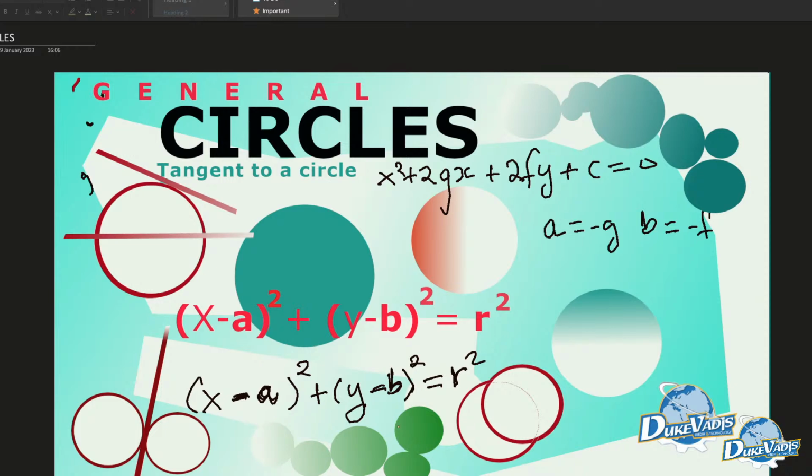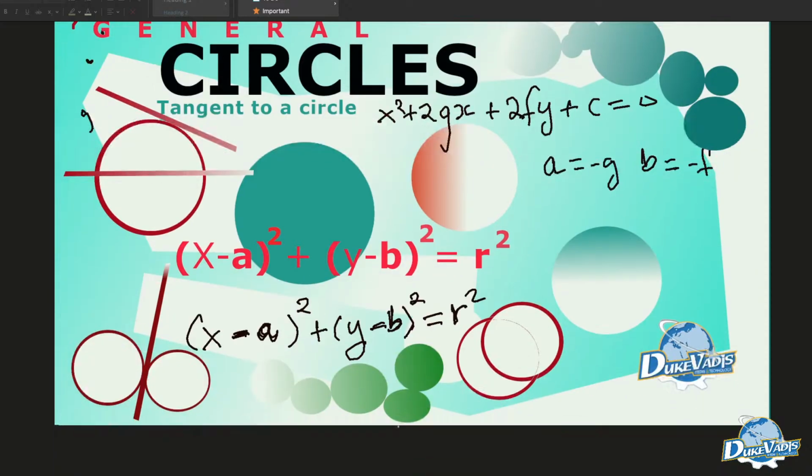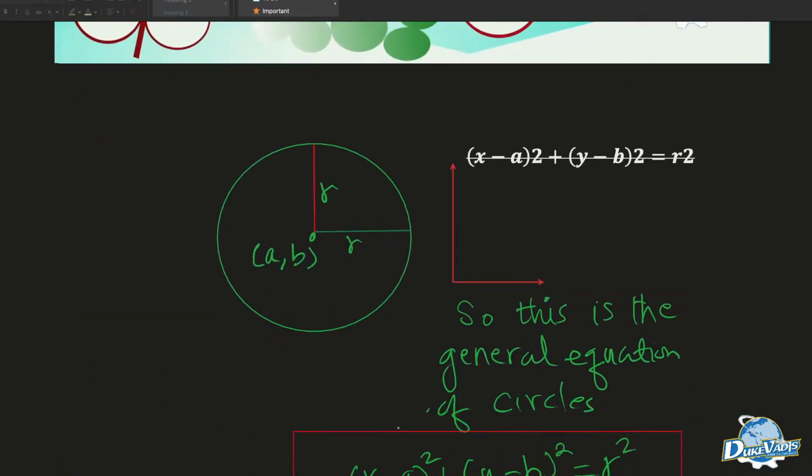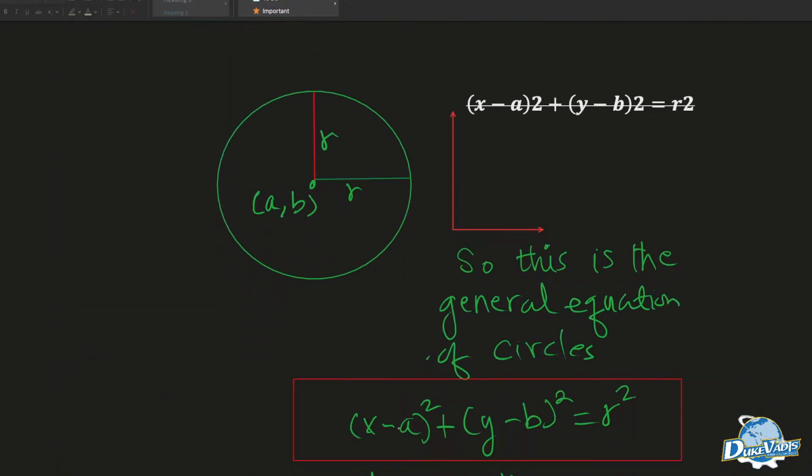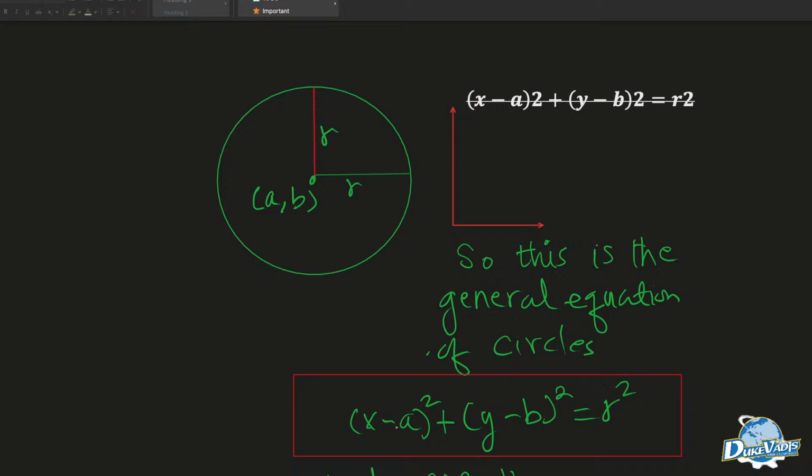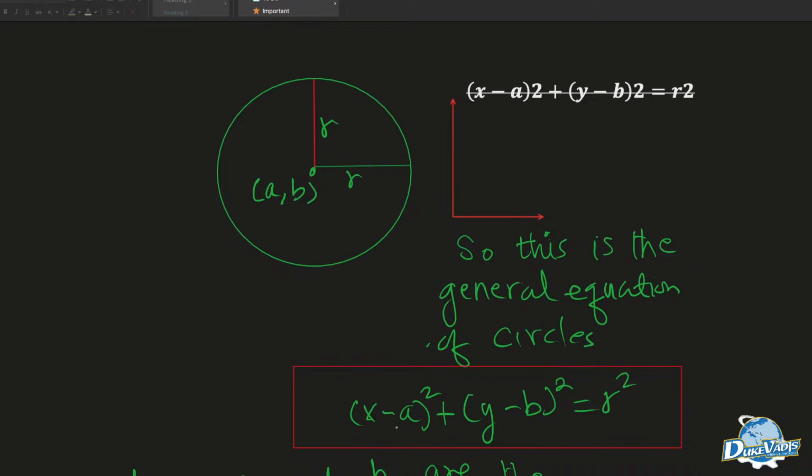Ooh, so let's talk about circles generally. What is a circle? As you can see, a circle in general is given as a point (a, b), for instance.